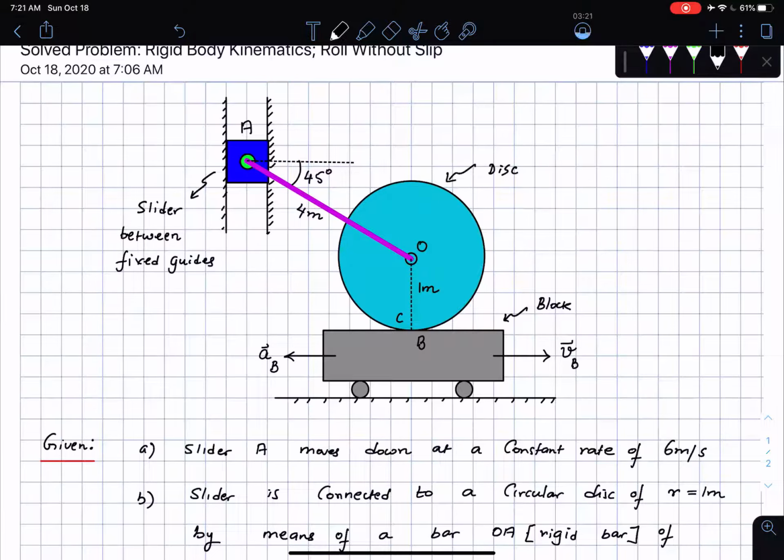So what this means to us is that at that instant in time, this bar OA is making an angle of 45 degrees with the horizontal. This is at that instant in time only. So this is almost thinking of a time shot of the entire spectrum of action that is taking place here. Okay, and so all these values that you're given are at that instant in time.